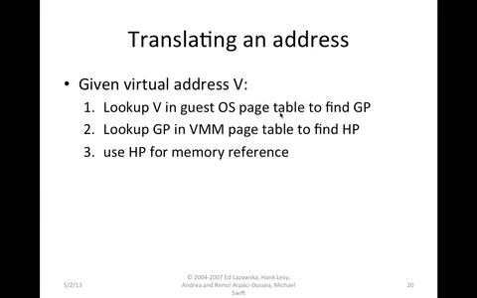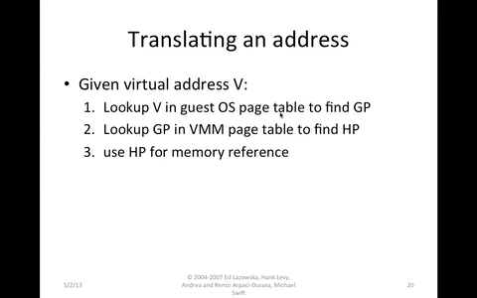Another option is that this is valid, but it could be that in this page table right here, the entry for the address isn't present. So if this isn't the case, the VMM has to basically insert a virtual page fault by jumping to the page fault handler in the guest OS, setting it to the appropriate processor mode.